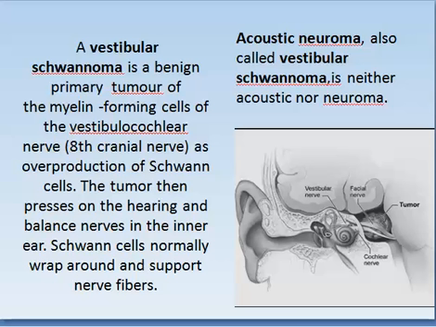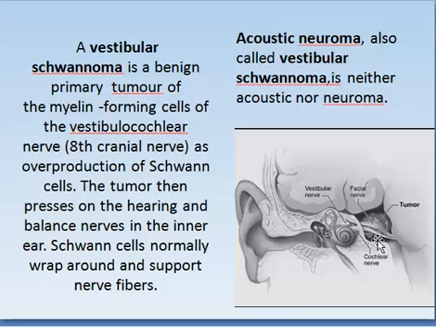A vestibular schwannoma is a benign primary tumor of the myelin forming cells of the vestibular nerve, as overproduction of Schwann cells. The tumor then presses on the hearing and balance nerves in the inner ear. Schwann cells are cells that wrap around and support nerve fibers.